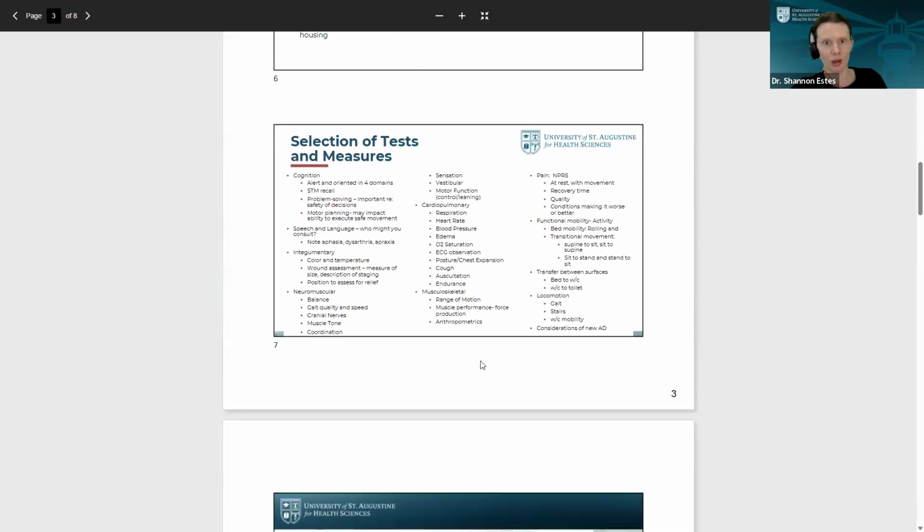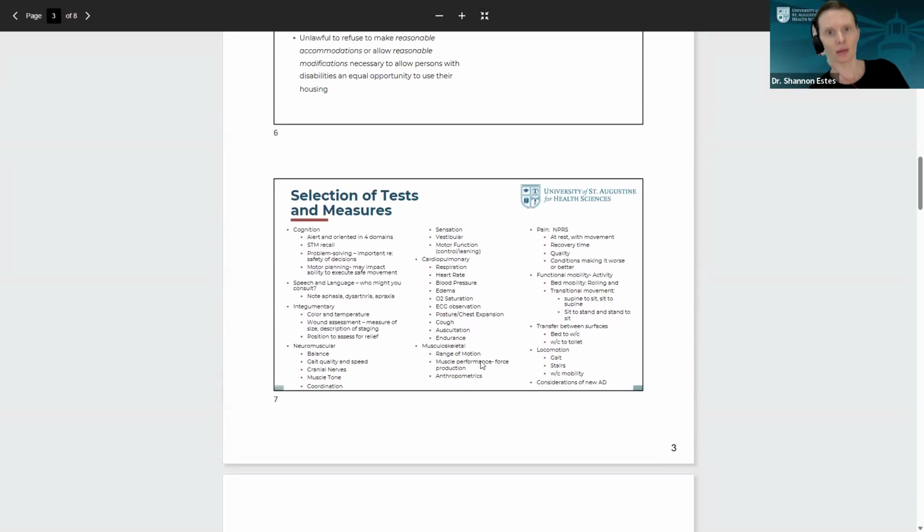For example, the TUG is not just an outcome that I can use in one setting. The TUG has been studied in different populations and in different settings. So some of these are going to be listed under inpatient rehab, outpatient, home health, whatever it may be.